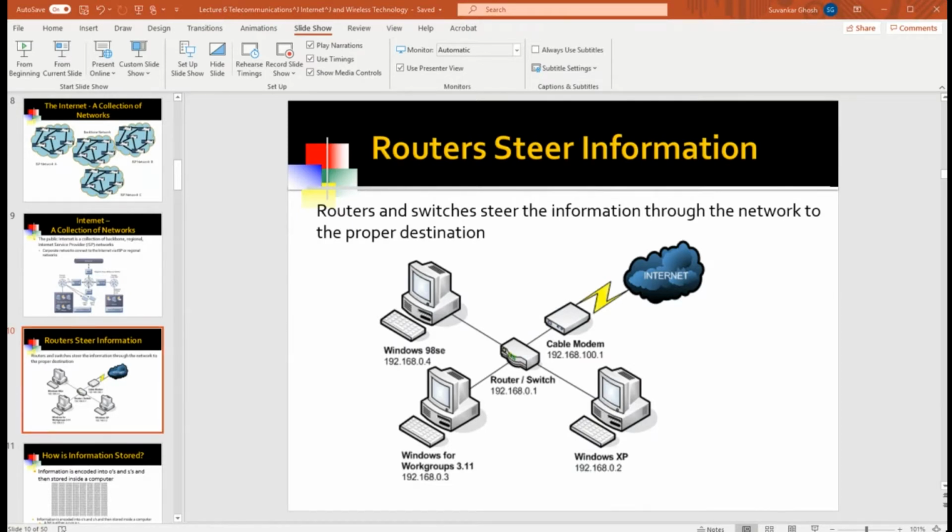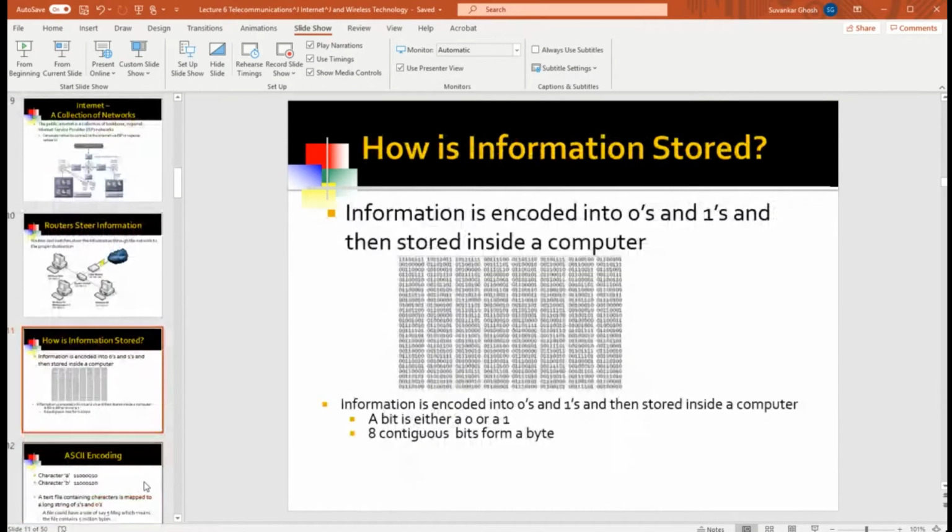So let's say you want to download a file from somewhere. The first question is, how is that file stored in the source computer from which you want to get the file? Well, in computers, everything is stored in terms of bits and bytes.